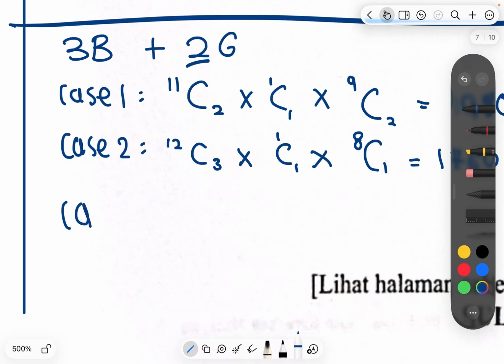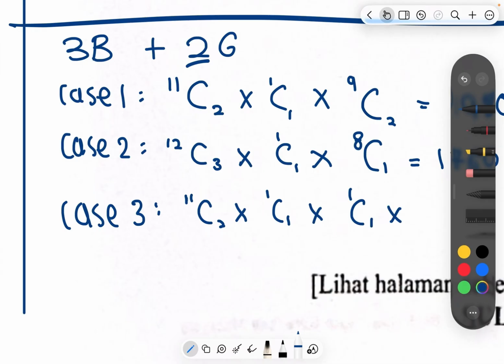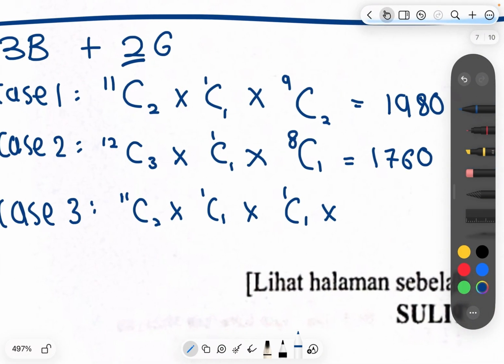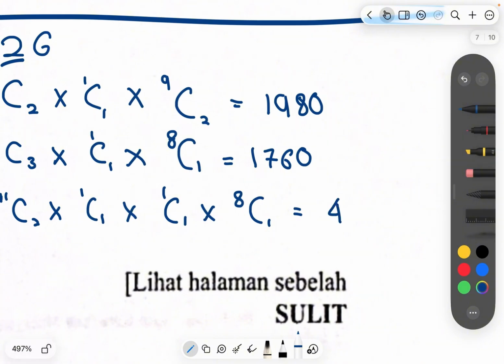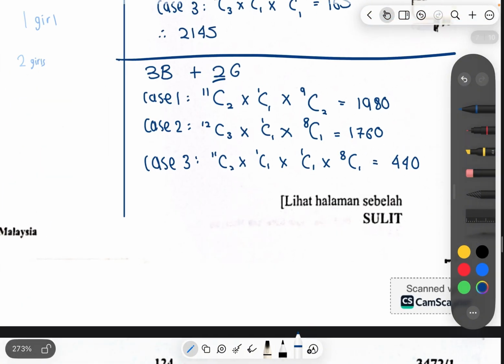Now for case 3, what if I want to choose both? Then this becomes 11, but I want to choose Zam. 11C2 times 1C1, which is Zam, and don't forget about Min. And the last one becomes 8C1. So I get 440.